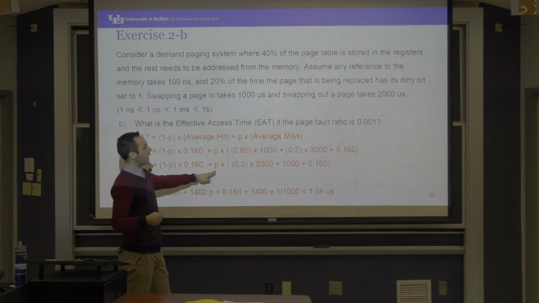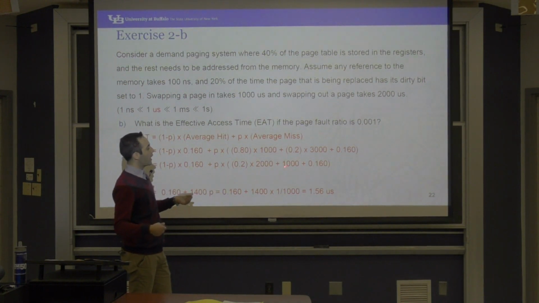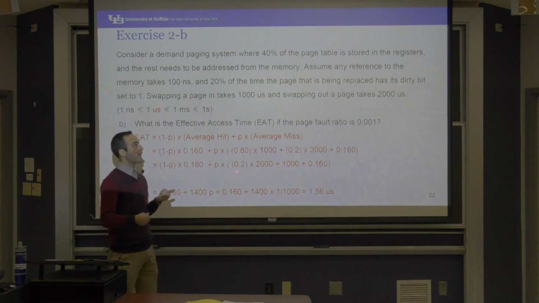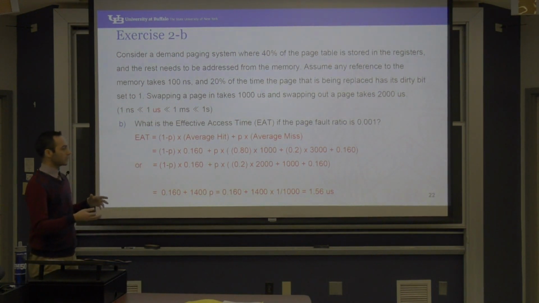For the P, the average miss rate, it is going to be the same memory access time, also swapping in, which takes 1,000 microseconds, and also an average swapping out: 20% of the time the page is dirty, so we have to swap out. Okay? Then you just do some math. It might be simple, but don't make any mistakes.